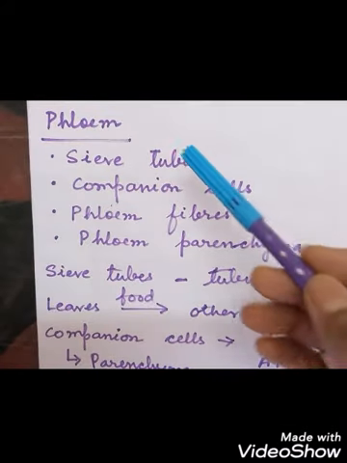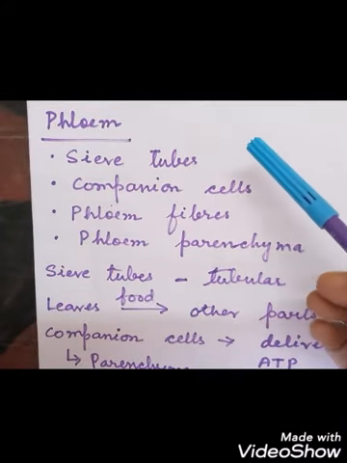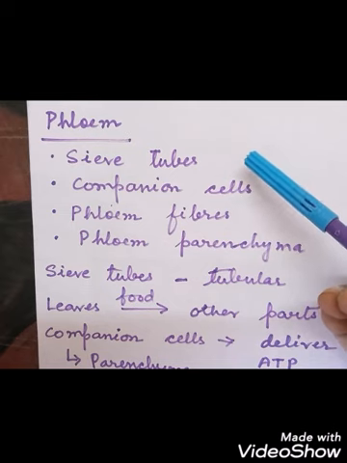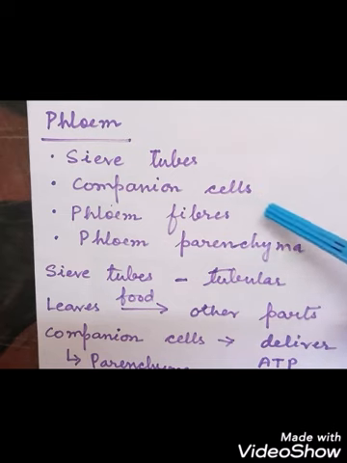Next we come to phloem. You can see the phloem is also one type of conducting tissue, which consists of sieve tubes, companion cells, phloem fibers and phloem parenchyma. So these are the 4 types. The sieve tubes are tubular, so they help to carry the food prepared in the leaves to other parts of the plant.